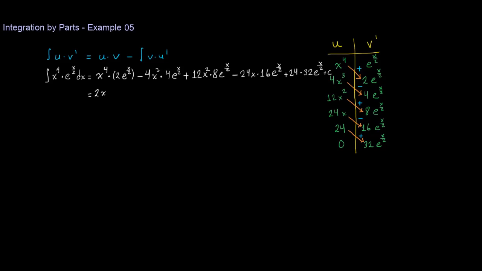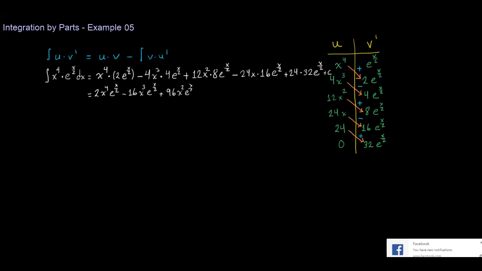It looks like this: 2 times x to the 4 times e raised to the x over 2, minus 16 x to the third times e to the x over 2. Then 8 times 12 would be 96 x squared times e to the x over 2.